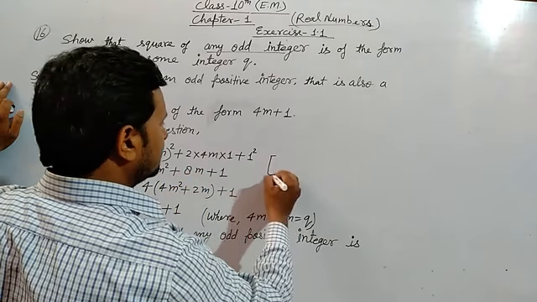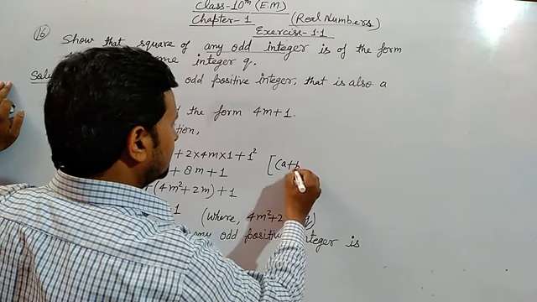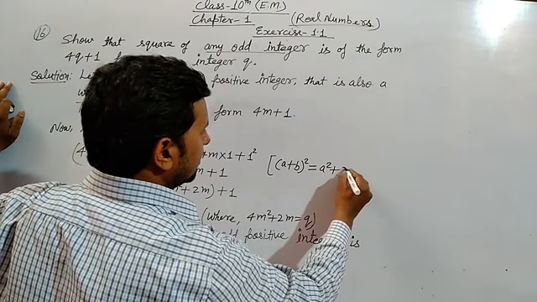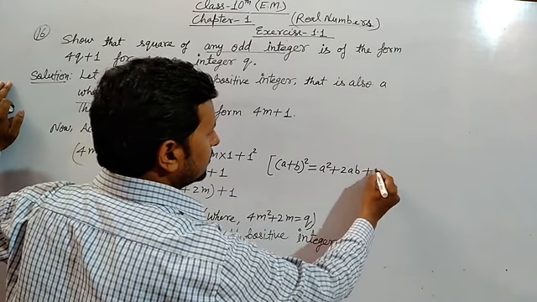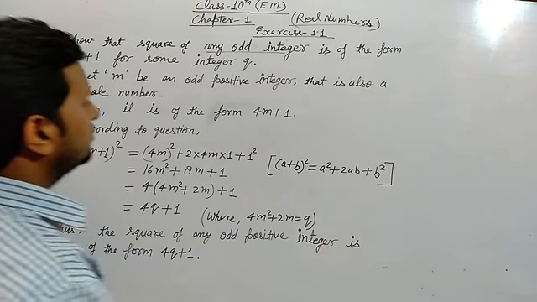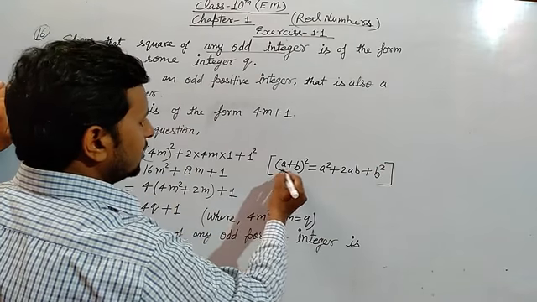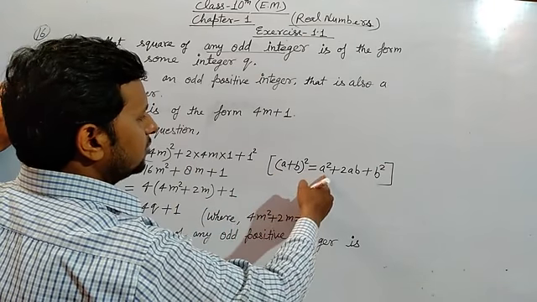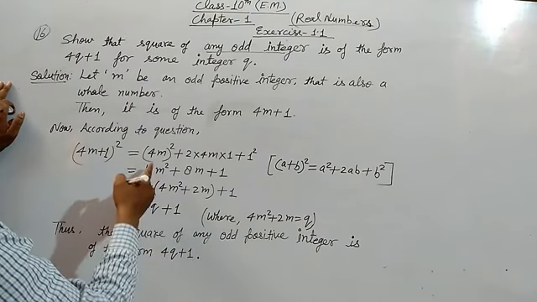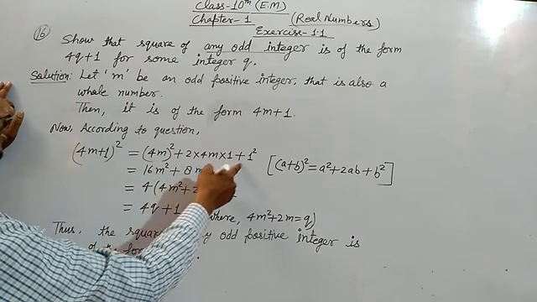By using the formula (a plus b) whole squared is equal to a squared plus 2ab plus b squared, we can expand it here: (4m) whole squared plus 2 into 4m into 1 plus 1 squared.